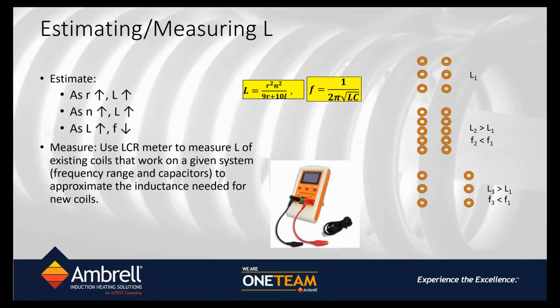As the number of turns of these windings increases, again, the numerator on this first equation increases and the inductance increases. However, as the overall length of the coil increases, then the overall inductance of the coil, I apologize, the inductance decreases.